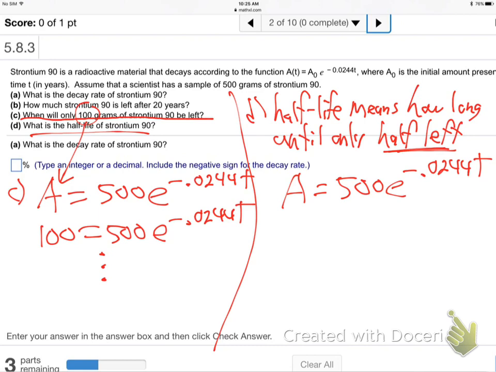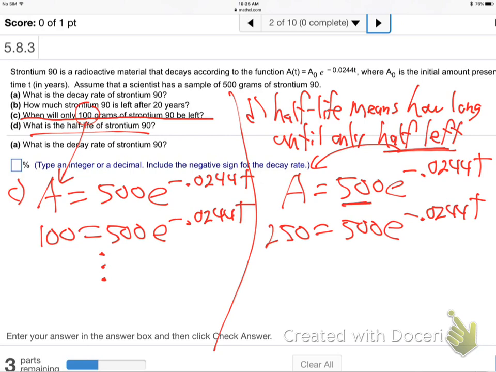Exactly, 250 for A. It's just like the doubling, except it's halving instead of doubling. Remember those financial problems we did a bit ago that said how long till you double your money? Well, this is how long till you have half your strontium. So you want the amount to be half, and remember it started at 500, right? So you want to know how long till it's only 250. That's half of the start.